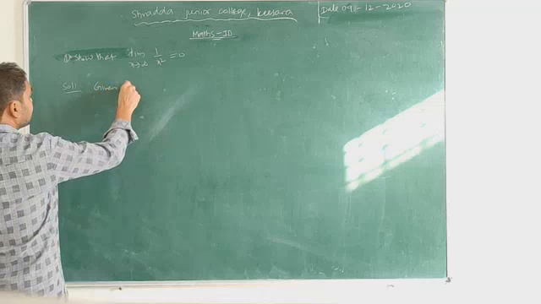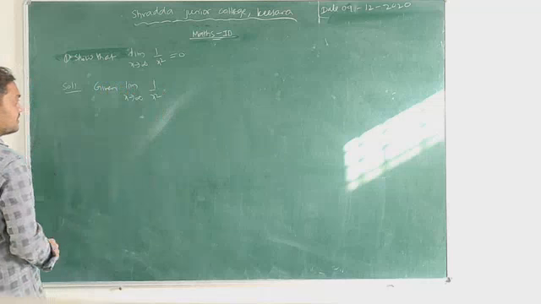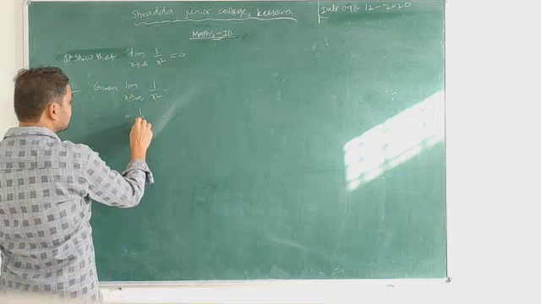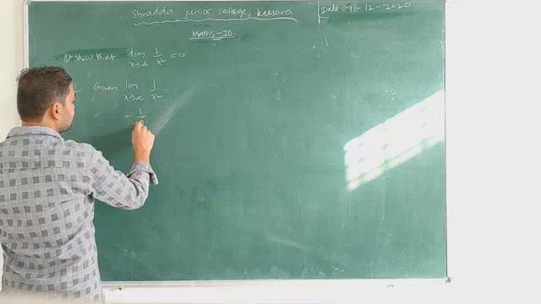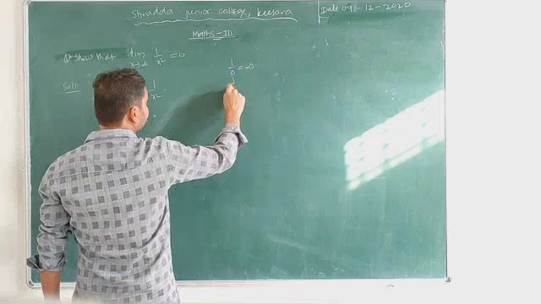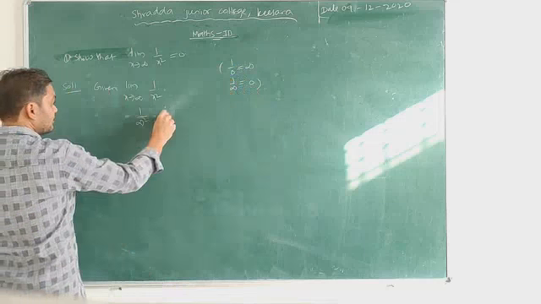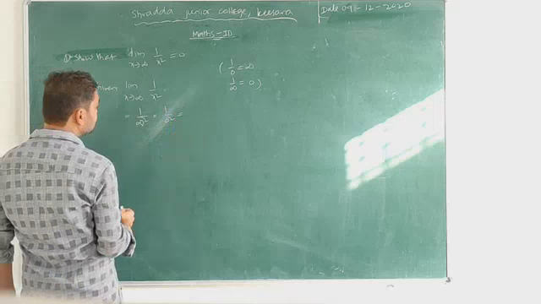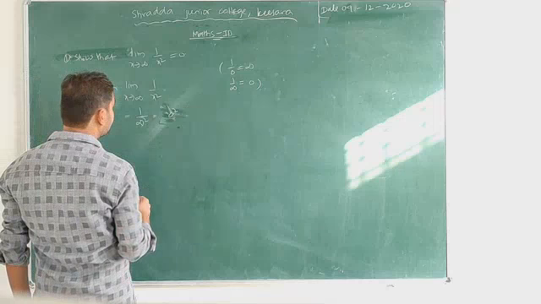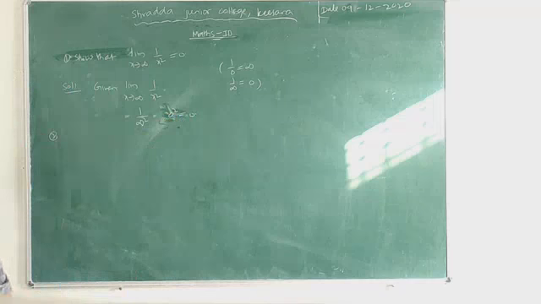What is given here? Limit x tends to infinity, 1 by x square. We have to substitute infinity in place of x. What is that? 1 by infinity square. See now, 1 by 0 equals infinity, 1 by infinity equals what? That is 0. So now here 1 by infinity square is equal to what? 1 by infinity means 0, 0 square is equal to 0. This is about the first one.